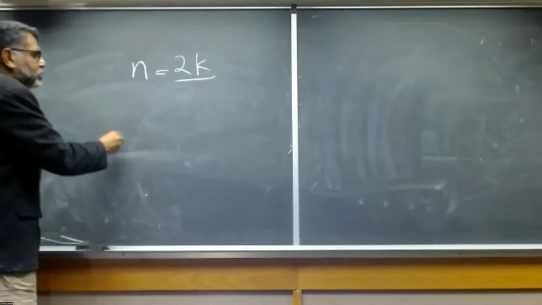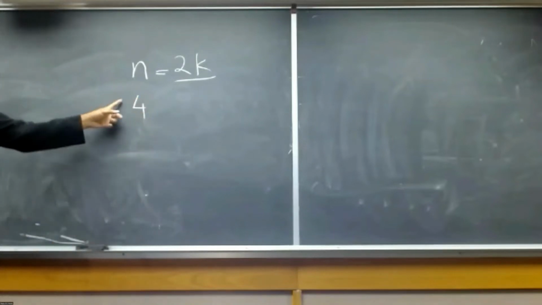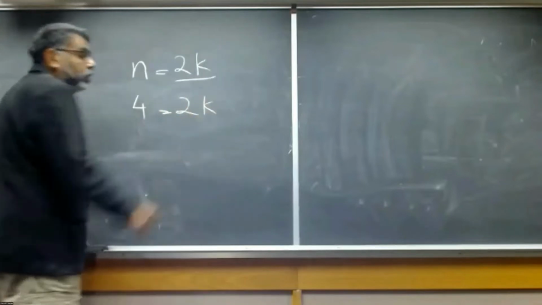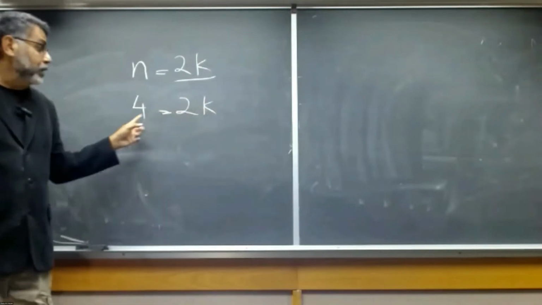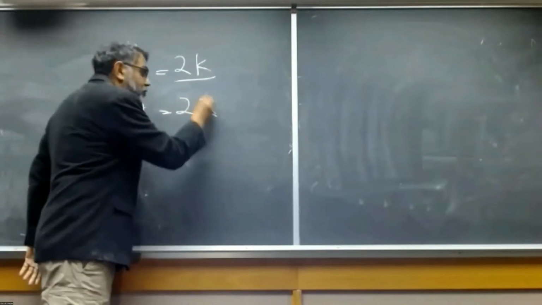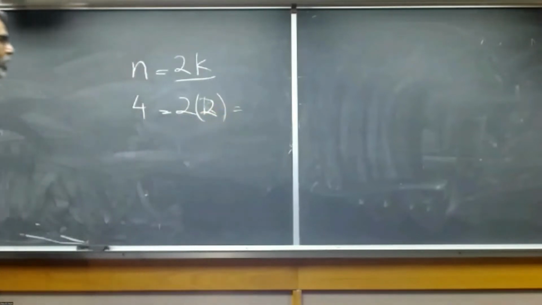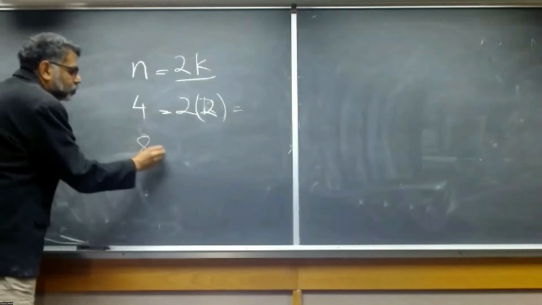If n is, let's say, 4, an even number, my job is to find a k such that if I multiply 2 into that k, I'll get 4. That's 4, that's even. Let's say 8. That's too easy.